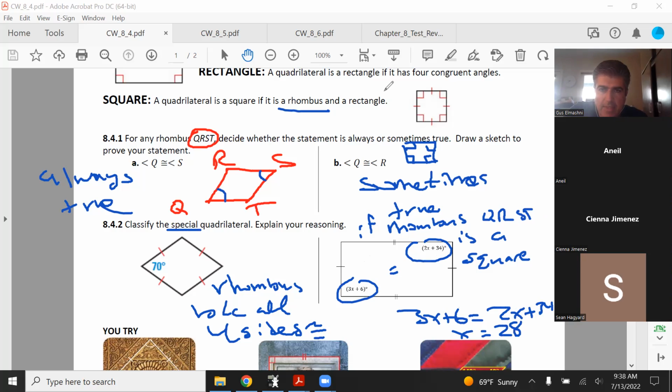So if X is 28, you have 3 times 28 plus 6, which is 90. And then this one also would be 90, that'd be 56 plus 34. So in this case, now you have 90-degree angles everywhere. But because you have different sides, the left and right sides are the same, the top and bottom sides are the same, but not all 4 sides are the same. So then we would say this is a rectangle.